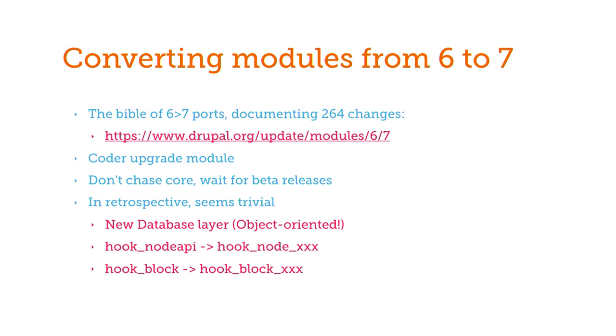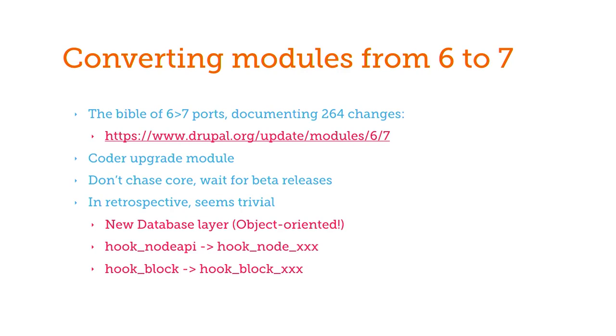One thing that I learned painfully from the Drupal 7 ports was I kept porting my modules to stay in sync with the latest dev release, and I was quite tired by the end of the Drupal 7 release cycle, because I think I ported the module like 4 or 5 times. I made it work, then it broke down completely, then I had to change everything and make it work again, and especially when they introduced the render array, everything went bonkers. But in retrospect, it actually seems pretty trivial.